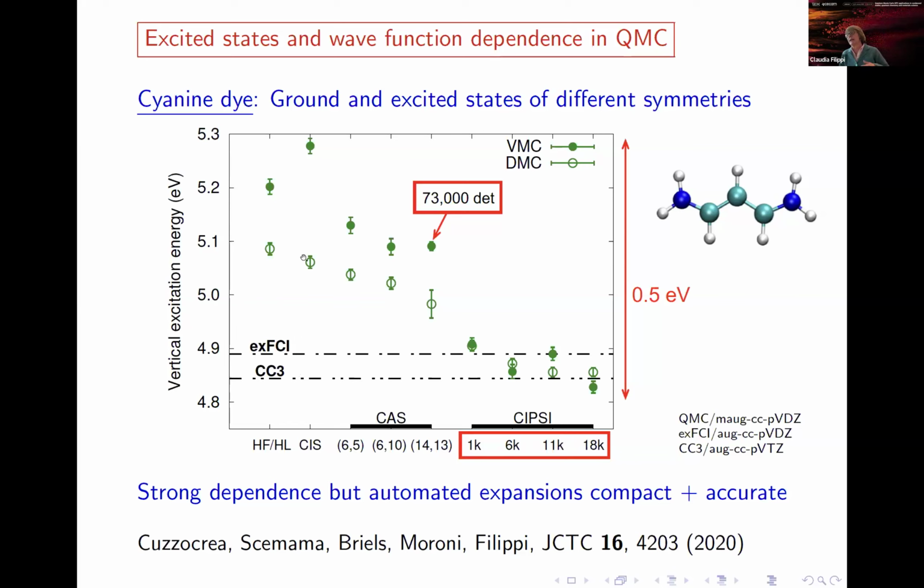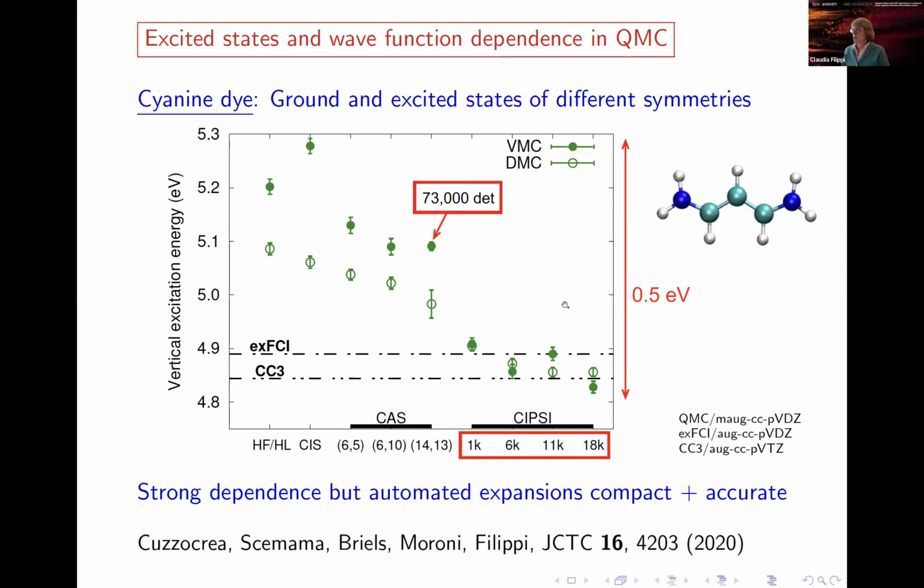Then you can say, well, I add single excitations, but actually my variational results worsen and my diffusion Monte Carlo improves, but very little. I can go to a CAS over the pi orbitals, that's a minimal CAS, so sure, I'm always improving. I can put more pi, I can put the sigma, but the convergence is quite slow.